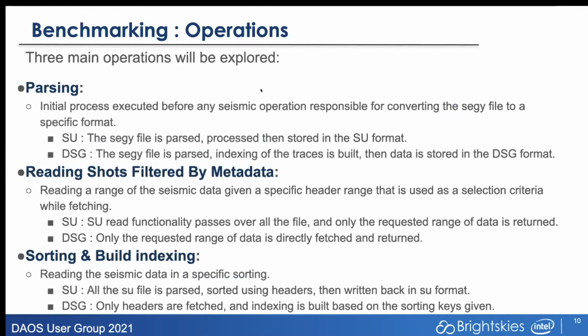The 3 main operations we addressed during our benchmarks were the parsing of Seg-Y files, the reading of traces filtered by metadata or trace header keys, and sorting, or in the case of the DSG API, the building of an index. So in the next few slides, we will review each of the results.